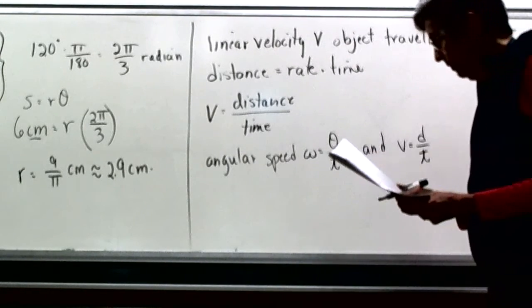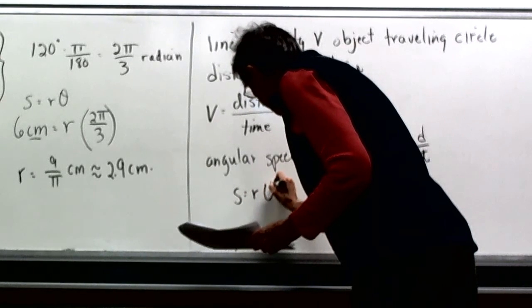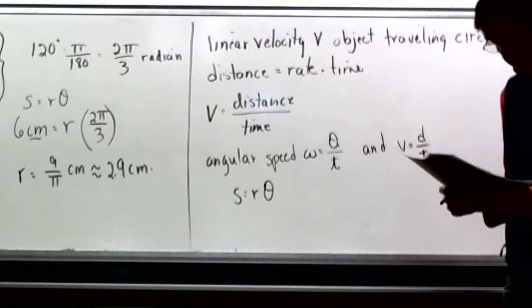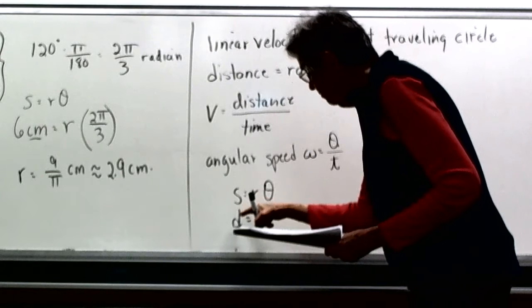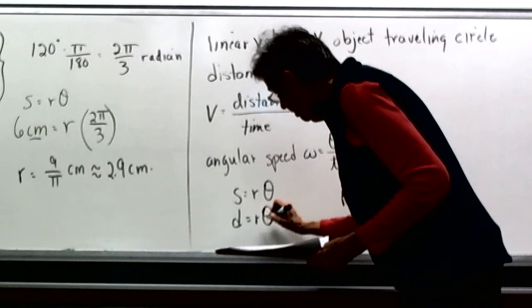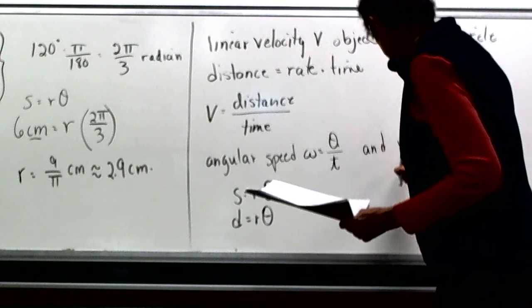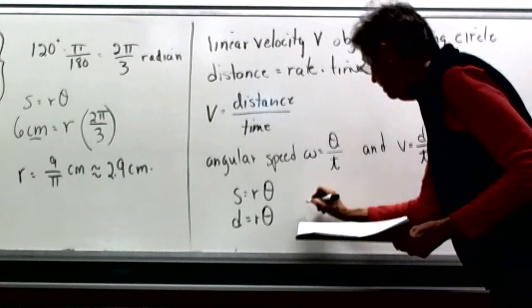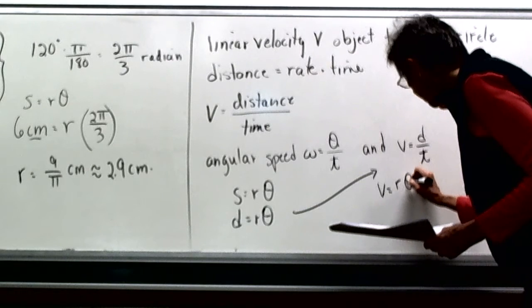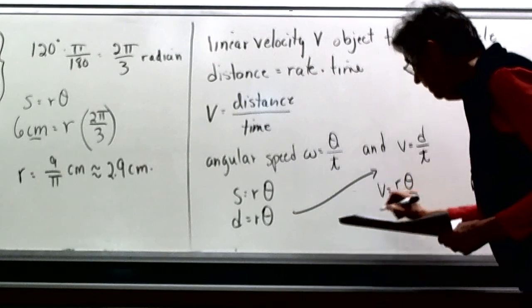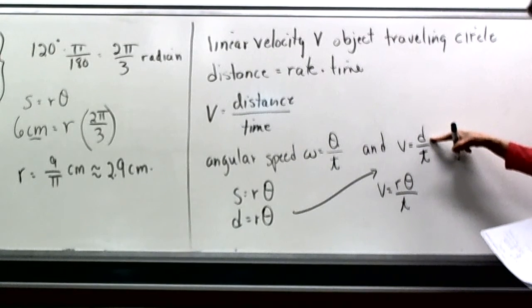Now we can substitute in here s equal to r theta, the arc length formula that we learned earlier, or we can say the distance along the outer part of the circle is equal to the radius times that central angle, and substitute it into our formula over here. So then we have v equal to r theta over t. The r theta has been substituted for the distance along the circumference of the circle.